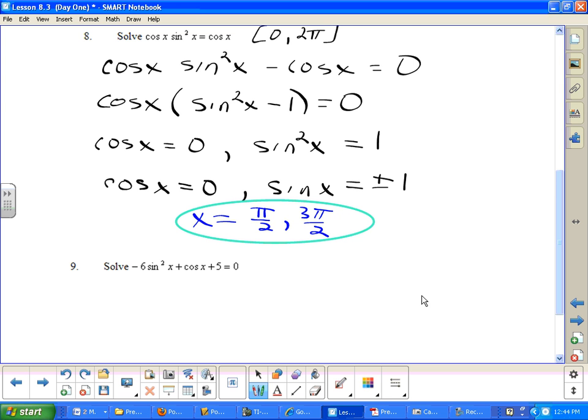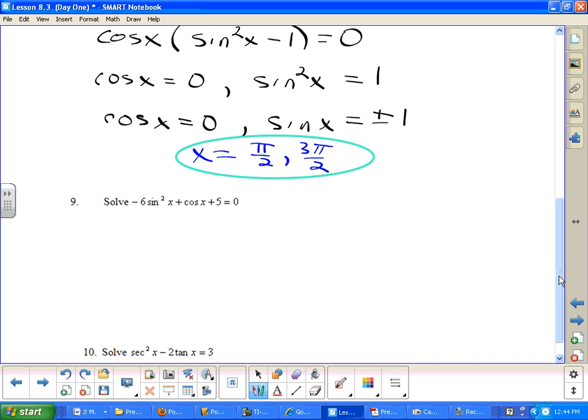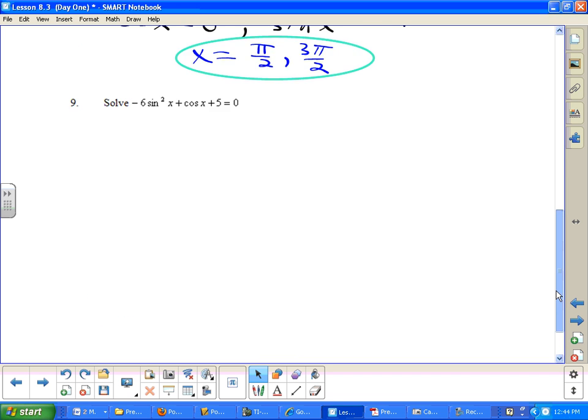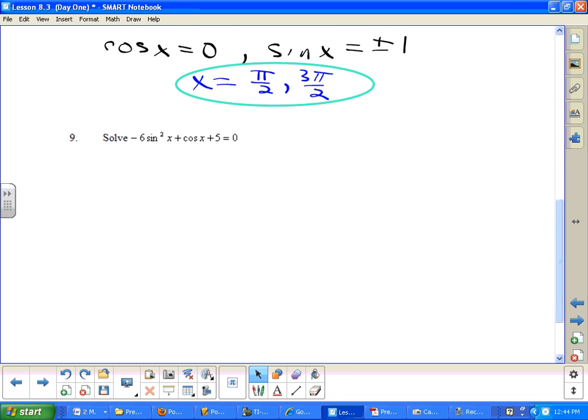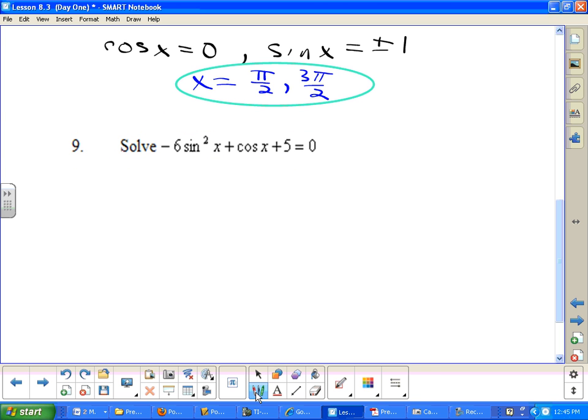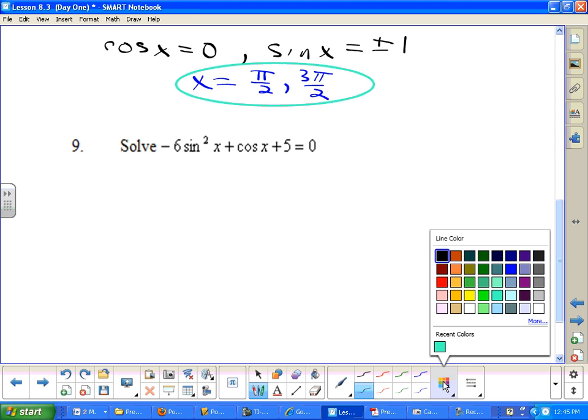Okay. Number 9. All right, so we want to factor. Negative 6 sine squared x plus cosine of x plus 5 equals 0.